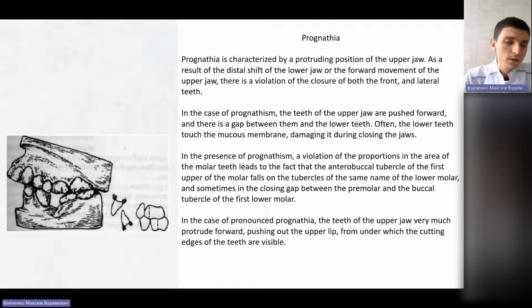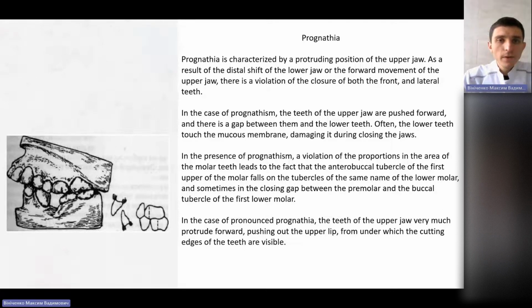The first is a forward shift of the upper jaw. The second is a distal shift of the lower jaw. And the third is a combination, when the upper jaw, the maxilla, has a forward position and the mandible has a lower or distal position. So there are three types of this prognathia.